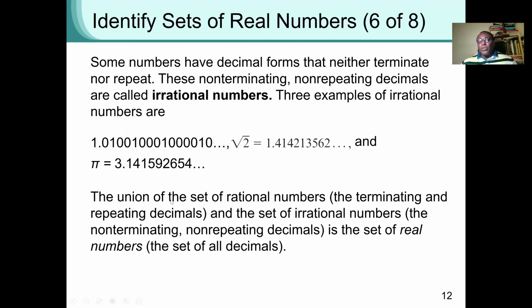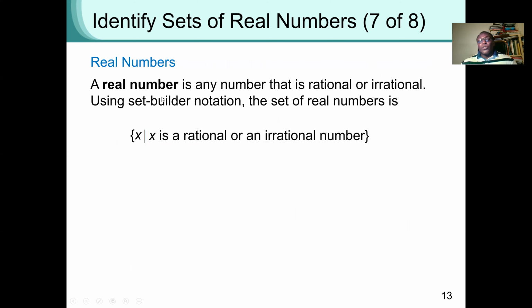And the union of the set of rational numbers, that is the terminating and repeating decimals, and the set of irrational numbers, that is non-terminating, non-repeating decimals, is the set of real numbers. So a real number is any number that is rational or irrational. Using set builder notation, we say x such that x is a rational or an irrational number.